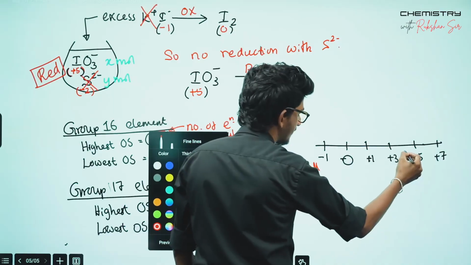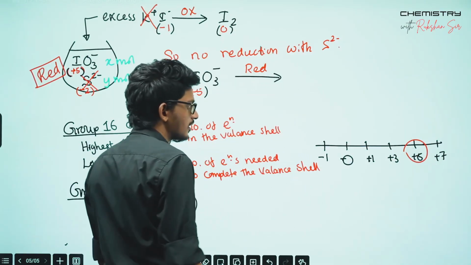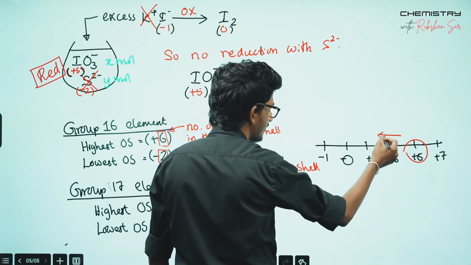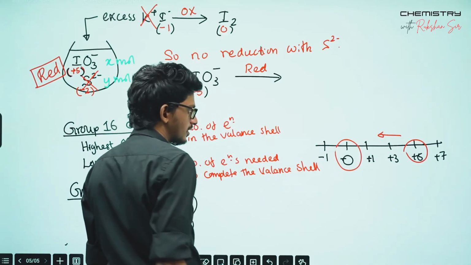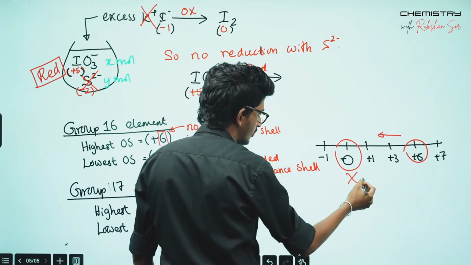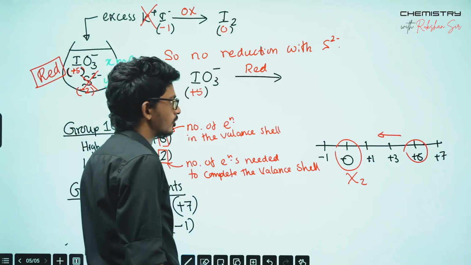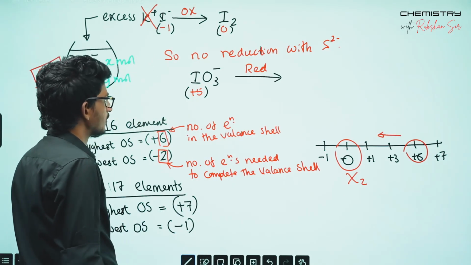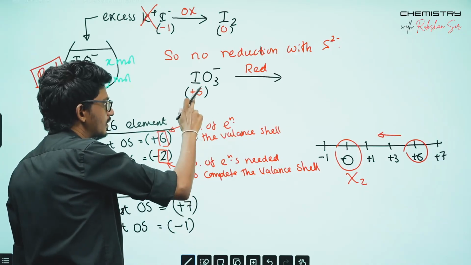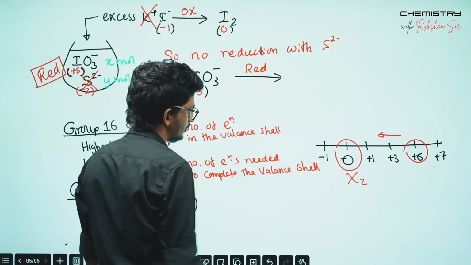Now you are here. When you are to get reduced, first you will come to 0, not the -1. So first you will come to the X2 form. If they have not given any products, you are supposed to reduce to the 0 form, the X2 form.